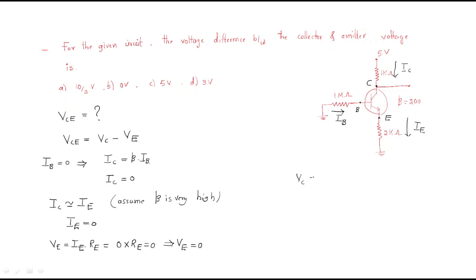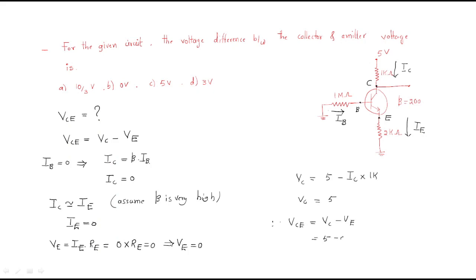So VC equals the supply, 5 volts. The drop across this is the collector current into 1 kilo ohm. Here the collector current is 0, we know that the collector current is 0, so automatically it is 5 volts. Therefore VCE equals VC minus VE.